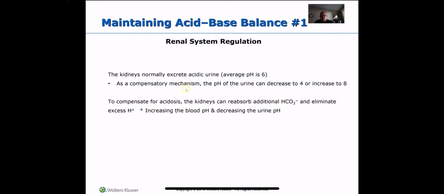The kidneys normally excrete acid in urine. Normal average pH is 6. As a compensatory mechanism, the pH of urine can decrease to 4 or increase to 8, so as it's retaining or excreting acid, it can vary as well. To compensate for acidosis, the kidneys can reabsorb additional bicarb and eliminate excess hydrogen, increasing the blood pH and decreasing the urine pH.